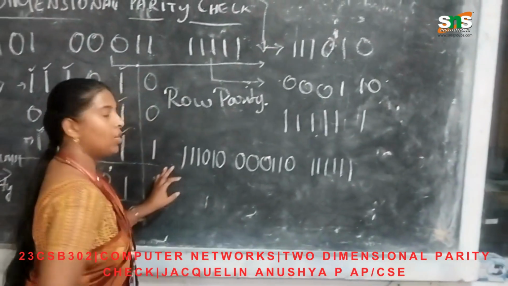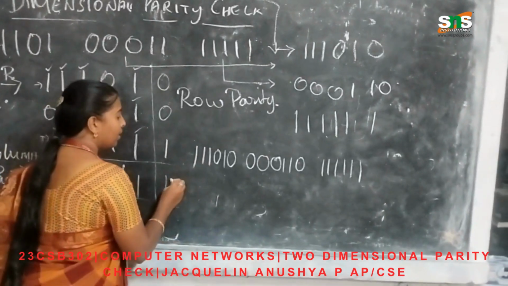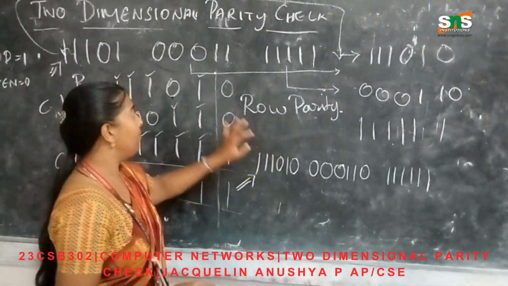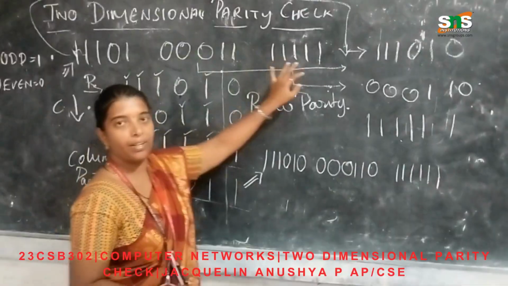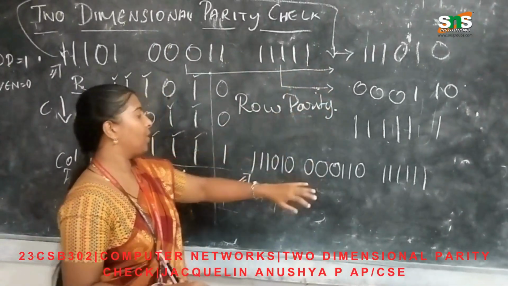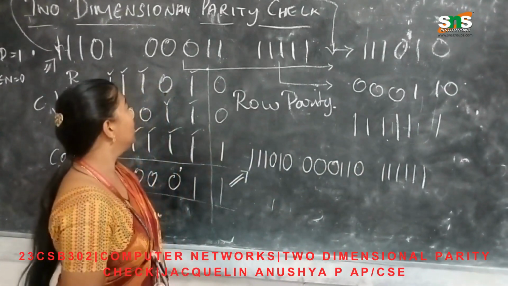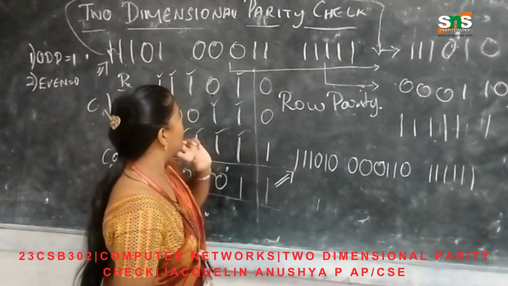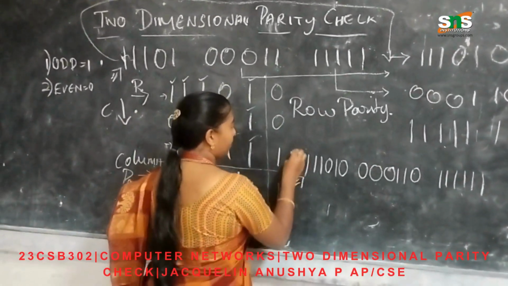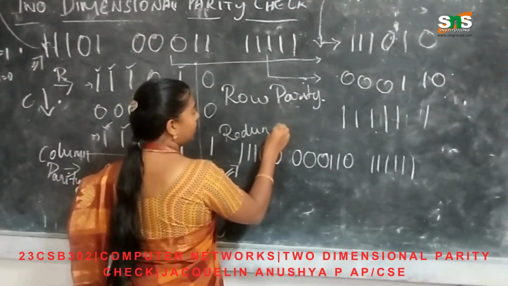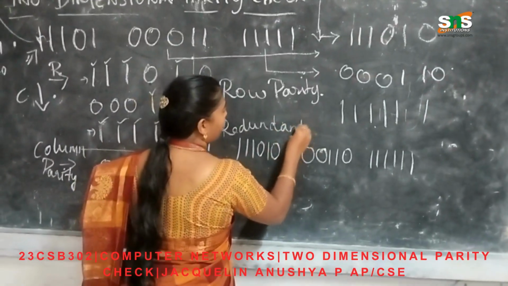So this is your data from the two-dimensional parity check. In the same way, I have given over here only 3 binary numbers, whereas you can solve even with a number which is added with another parity check. Now we can write this as your redundant data bits.